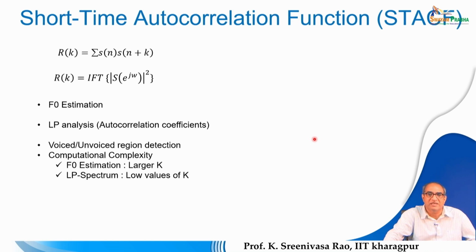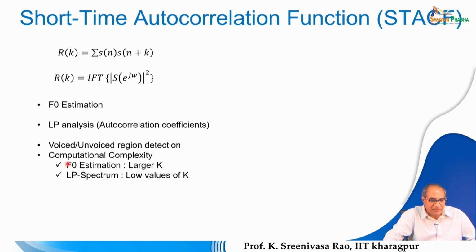So one can estimate whether a given speech segment is periodic or aperiodic. If it is a periodic segment, it is a voiced segment, otherwise it is an unvoiced segment. That way, by using the autocorrelation feature, one can detect the speech segment as voiced or unvoiced.